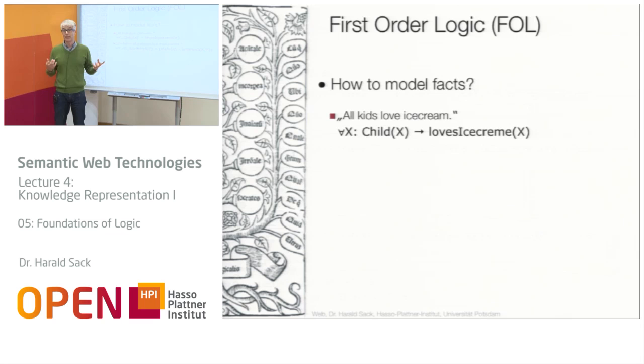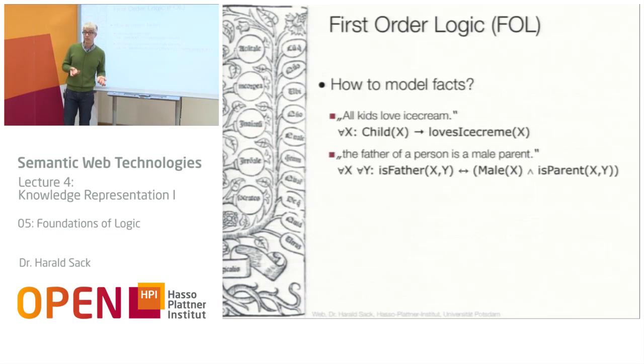Let's take a look at another sentence. For example, the father of a person is a male parent. In first-order logic, this fact is simply expressed for all x and all y. It holds that if x is the father of y, then, and only then, x is male, and x is parent of y.